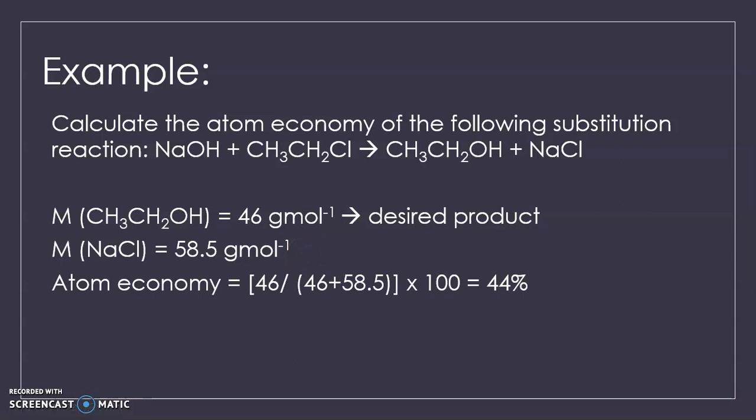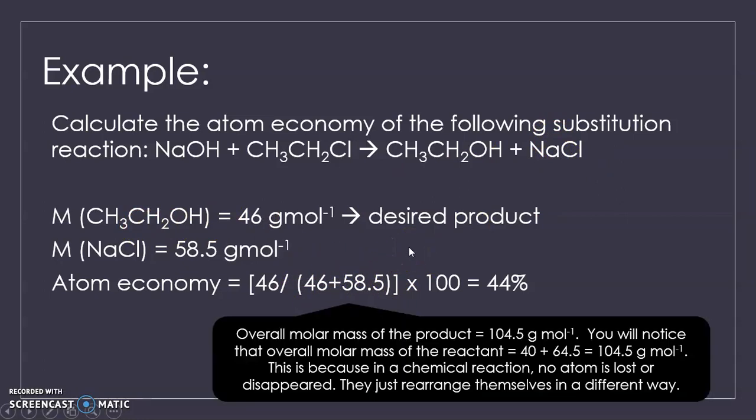Atom economy is the molar mass of the desired product over the molar mass of all products. In a lot of cases, we just use the molar mass of all products because we already calculated the molar mass of one product. We might as well add up the rest of them and put it in the denominator here.